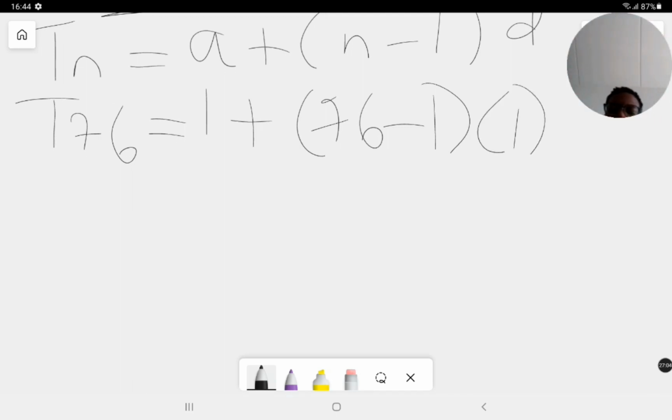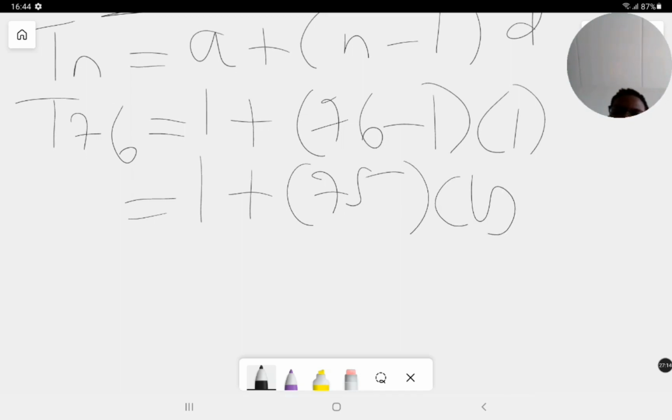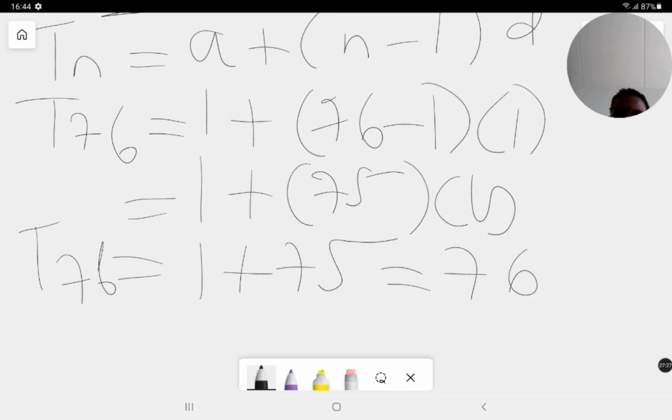We calculated that, it's 1. And then you just simply solve, right? That's 1 plus 76 minus 1 is 75, times 1. Then you've got 1 plus 75 times 1 is 76. So T76 is equal to 76.